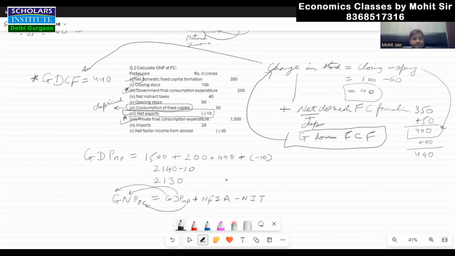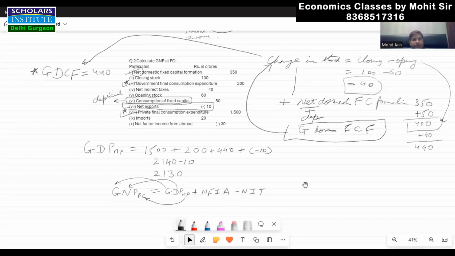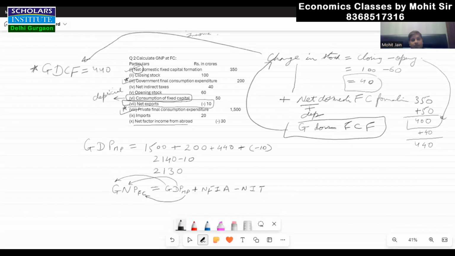Okay. So NFIA is given to us, which is this 10th point, net factor income from abroad. GDP-MP we have already calculated: 2130. NFIA is minus 30, so I put minus 30 here. NIT, net indirect taxes, is given to us, which is 40. So we need to subtract this 40 also.